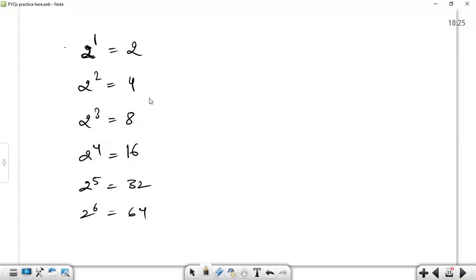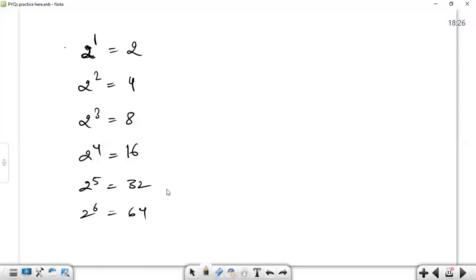So what is happening over here is that we are multiplying by 2 each time. For increasing power, we are multiplying by 2, because 2 is our base. We are multiplying the base.